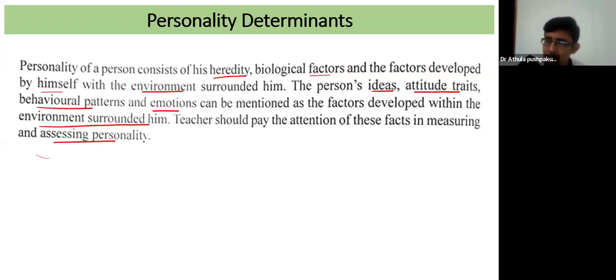How can we measure them? I'll say to you, it is not an easy task. But when we are involved with the personality test of our students, we have to give attention to this area. Teachers should pay attention to these facts in measuring and assessing personality. Okay, some important points you can write based on this slide also.